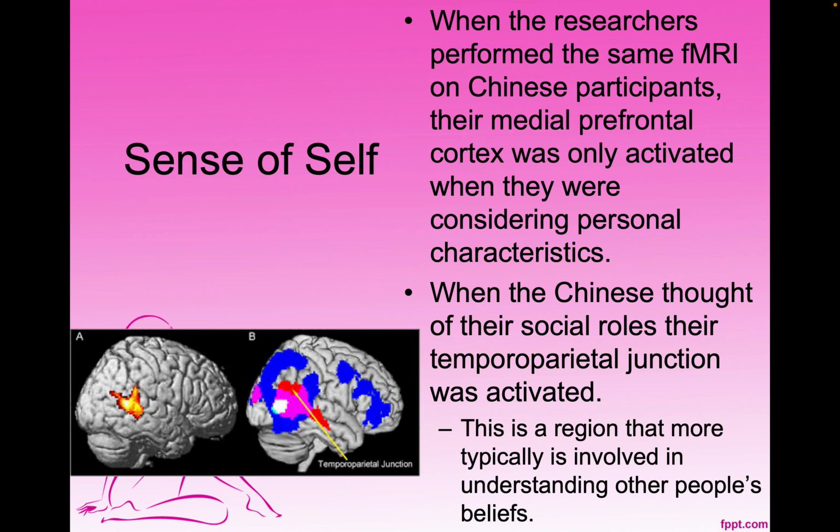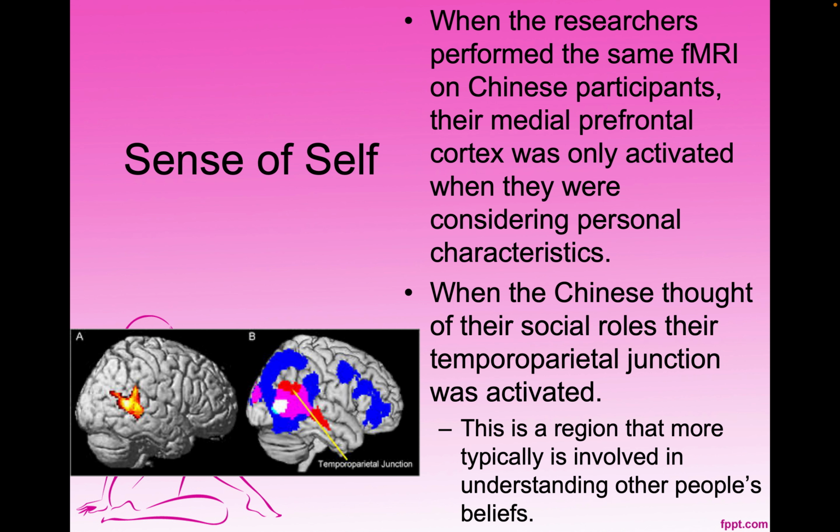When the researchers performed the same functional MRIs on Chinese participants, their medial prefrontal cortex was only activated when they were considering personal characteristics. When the Chinese thought of their social roles, their temporoparietal junction was activated, and that's the temporoparietal junction right there in the back.